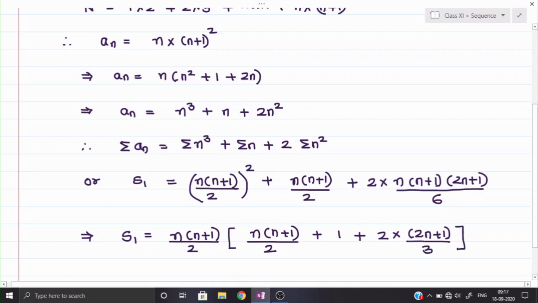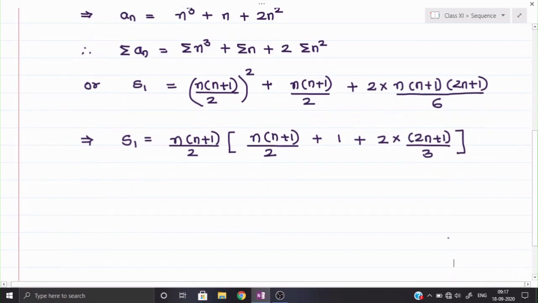You can cross check by multiplying n into (n plus 1) upon 2 in the last term. Now we shall go further. So n into (n plus 1) upon 2, we can keep as common as it is, and in this bracket I am taking 6 as the LCM.